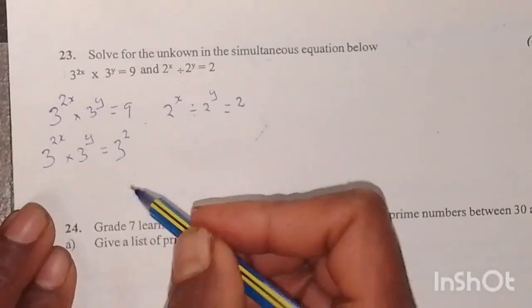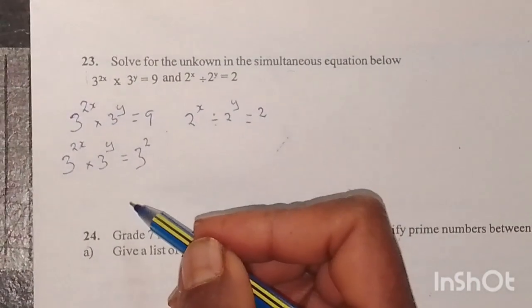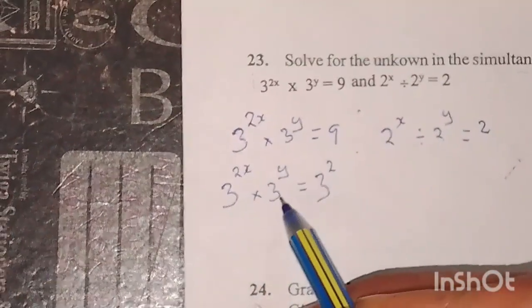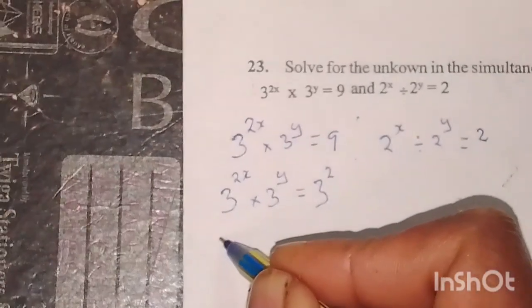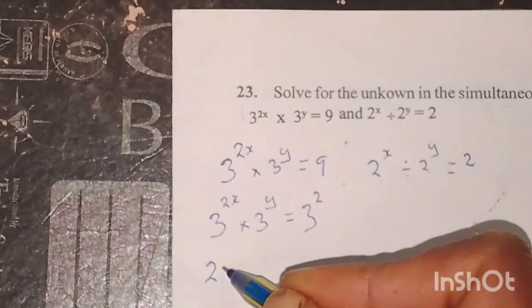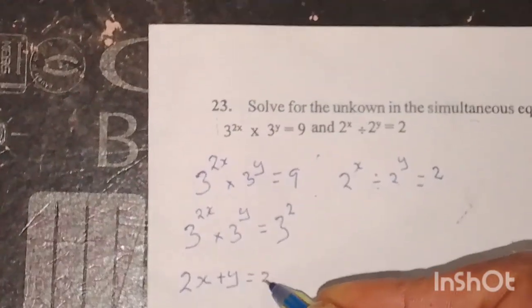To solve this, then this becomes higher. Then because this is base 3, base 3, base 3, the answer, so that we solve the simultaneous equation, shall be 2x plus y is equal to 2.